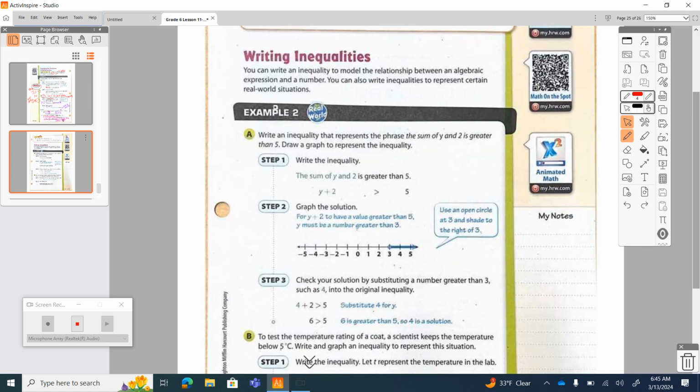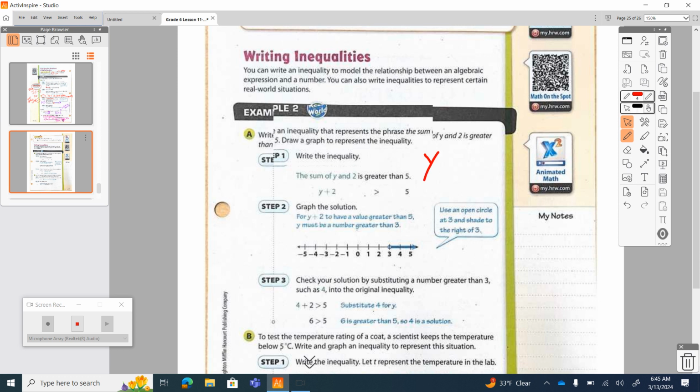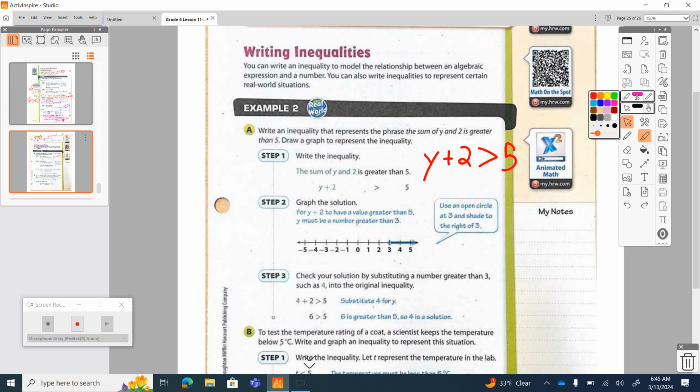So write an inequality that represents the phrase, the sum of y and 2 is greater than 5. I don't know if we did this one in class, but we can do this. In order to do these, we have to go back to what we learned last lesson on getting rid of addition, subtraction, multiplication, division, so that we isolate the variable.